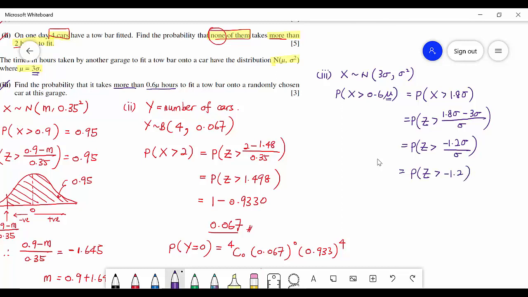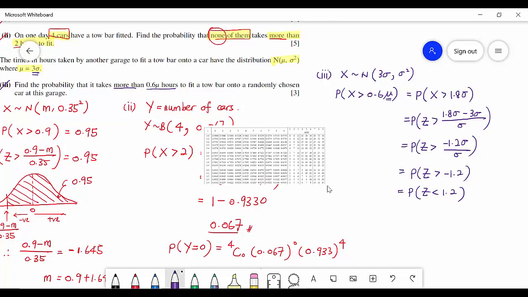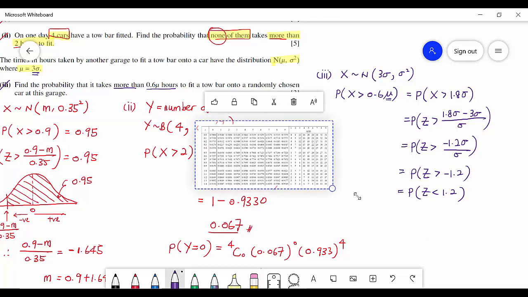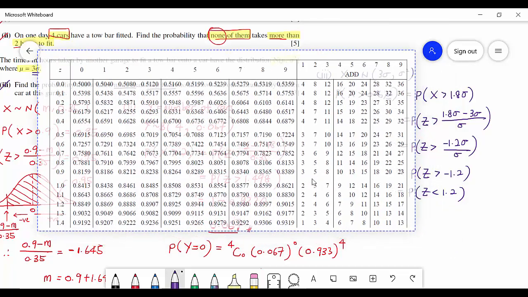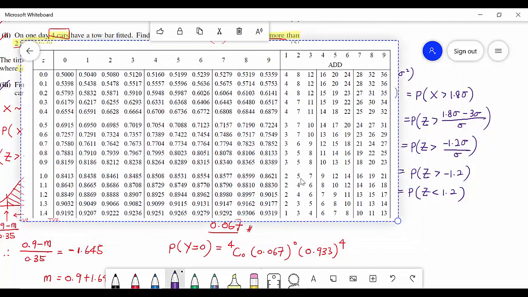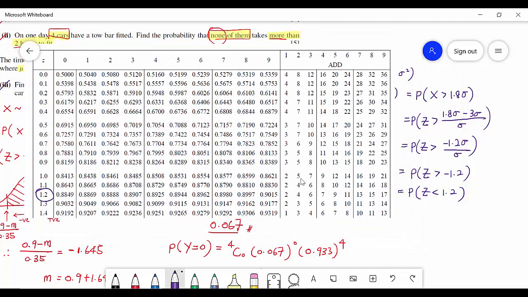So this probability, z greater than negative 1.2, is equivalent to z smaller than 1.2. Okay, so you can straight away find it from the table, z smaller than 1.2. So again, you look at 1.2 straight away. This is 1.2 and the value is 0.8849.